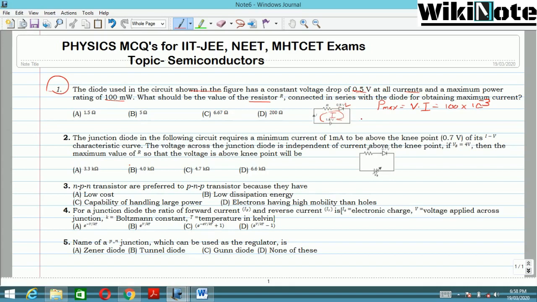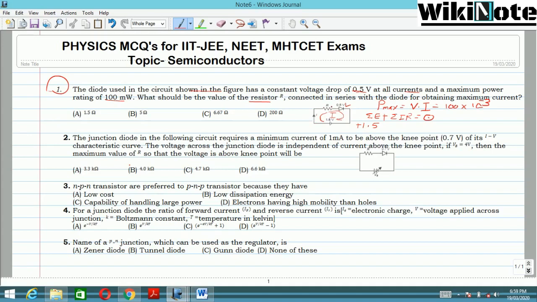So I will apply KVL over here, and KVL says the algebraic sum of the EMFs across the closed loop and the algebraic sum of the voltage drops I into R across the closed loop is always equal to 0. So this is my theory, I always use this concept. Applying KVL to the closed loop: this is the battery of voltage 1.5 volt, so always start with positive because this is a positive sign over here.